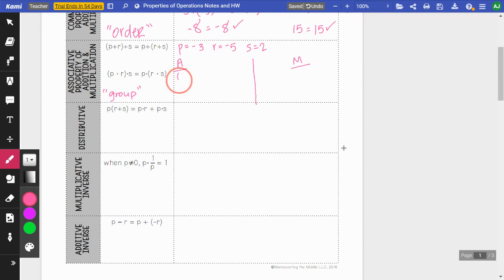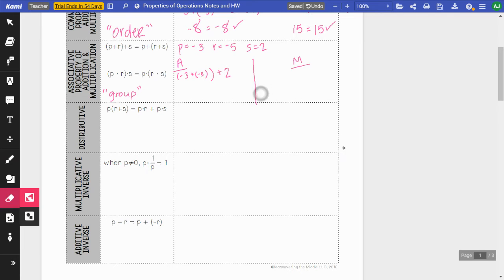So the first one, we have -3 plus -5 grouped together, and then we're going to add in +2. We want to set that equal to -3 on the outside plus -5 plus +2.